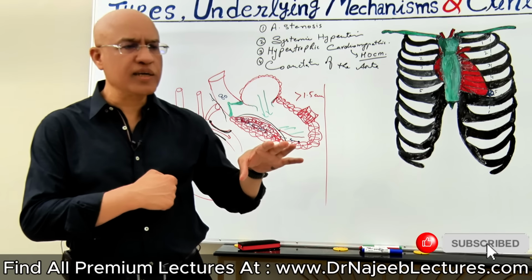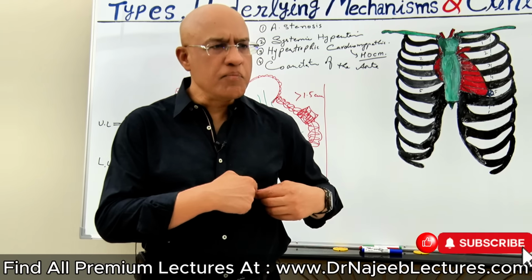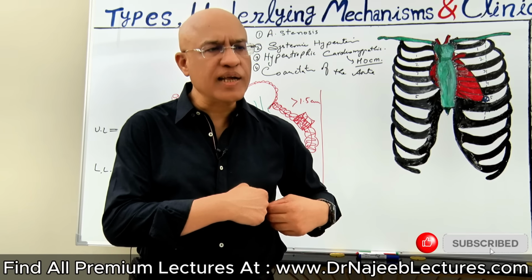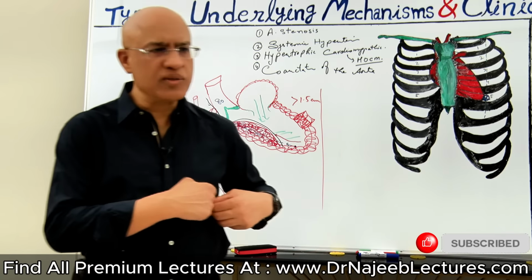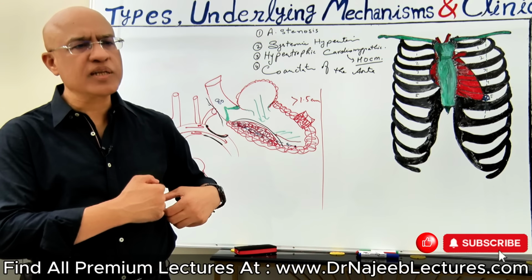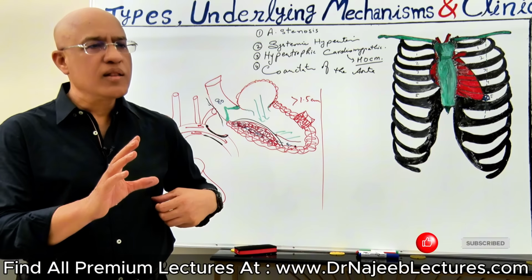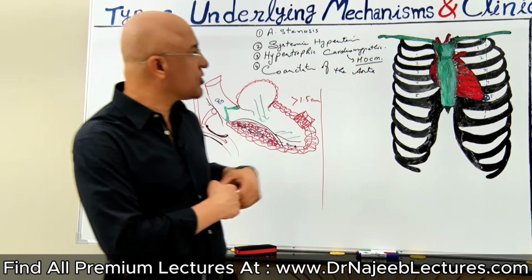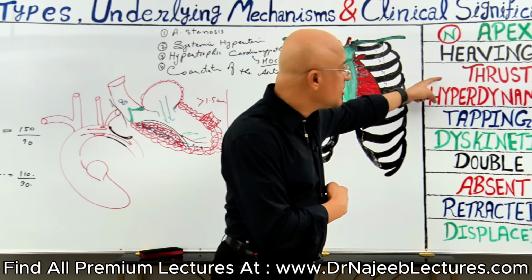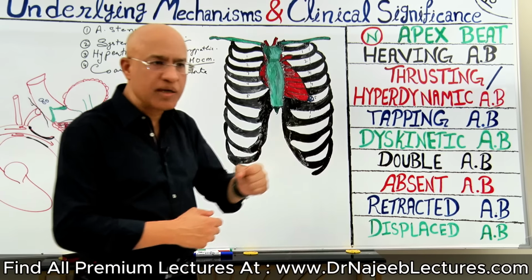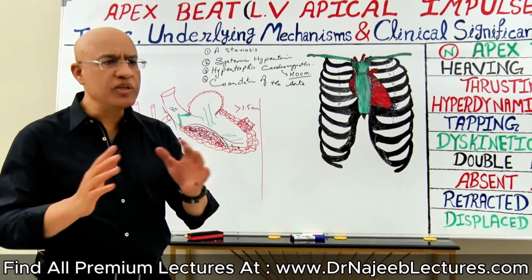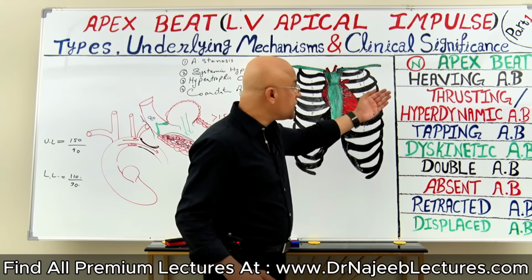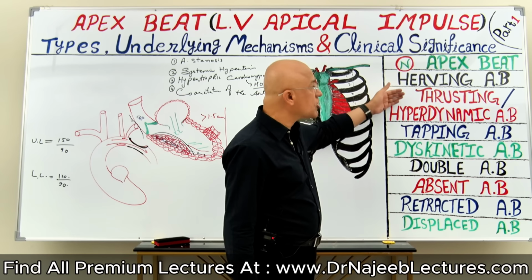Or if there is significant hypertrophy with little dilation, maybe it is pushed downward and leftward, inferiorly, away from the midclavicular line, but not as much as we will see in the next session in thrusting and hyperdynamic apex beat, where there is a very big difference between the features of heaving apex beat and thrusting apex beat.